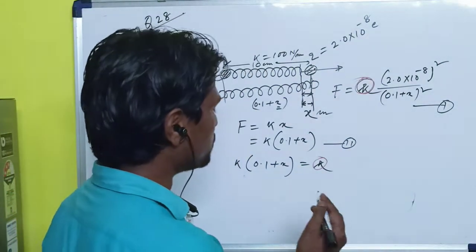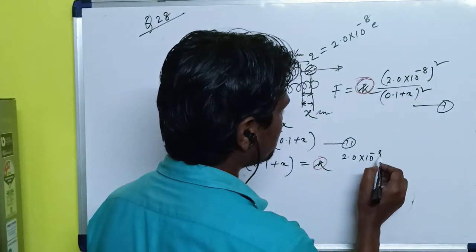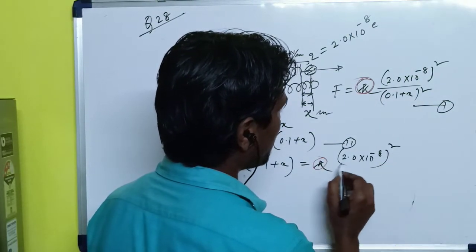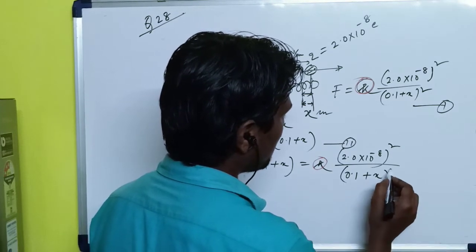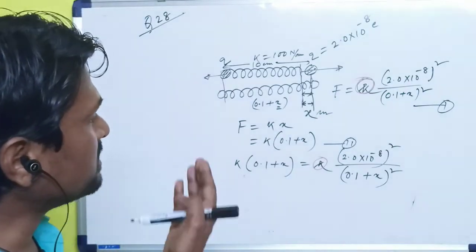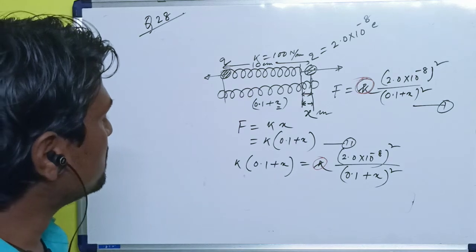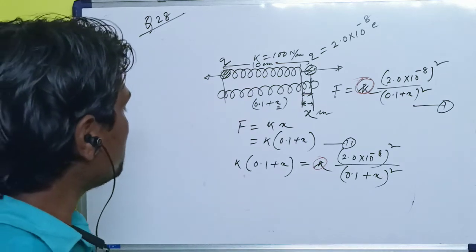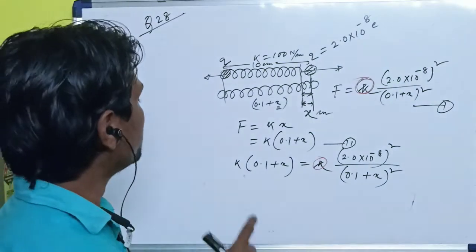So this is equal to 2.0 into 10 to the power minus 8 whole square by 0.1 plus x, and this is the square. It is a typical calculation. The concept is so easy, but the calculation is more difficult. What is the value of k? K is 100.